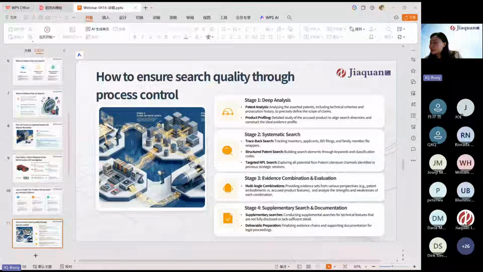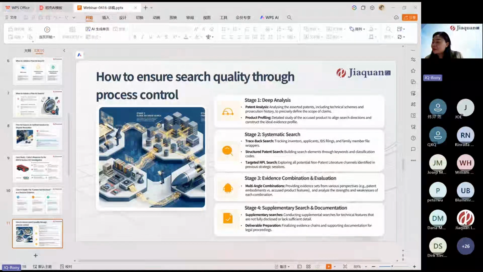However, I believe that in actual operation, it is also very important to carefully analyze its patent examination history, which helps us determine its inventive points and the actual scope of protection of the claims.